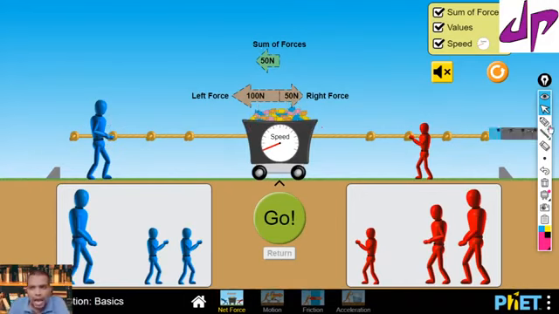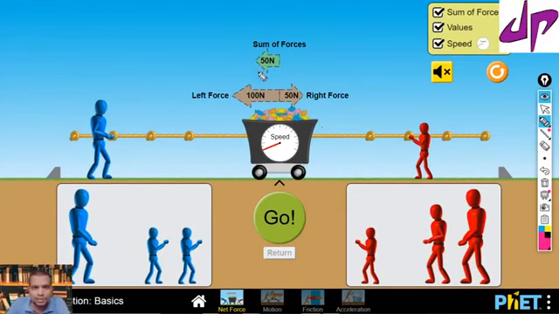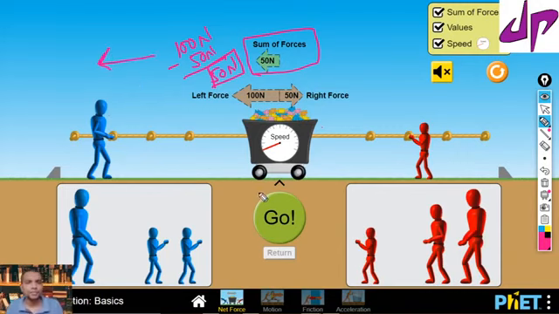The arrow above shows the resultant force. If you subtract 100 Newton minus 50 Newton, we get 50 Newton. And this 50 Newton force is in which direction? Yes, it is in my left direction.